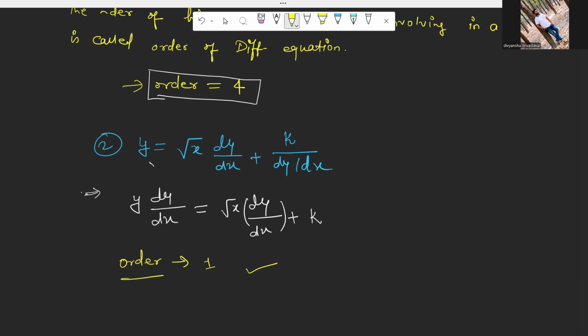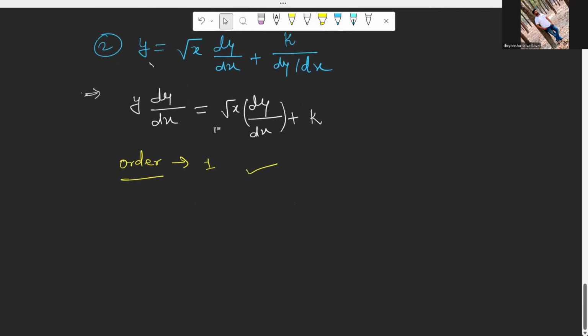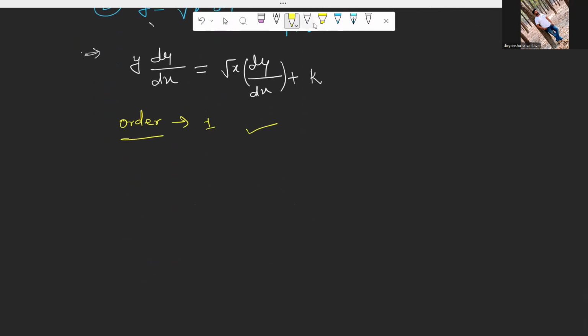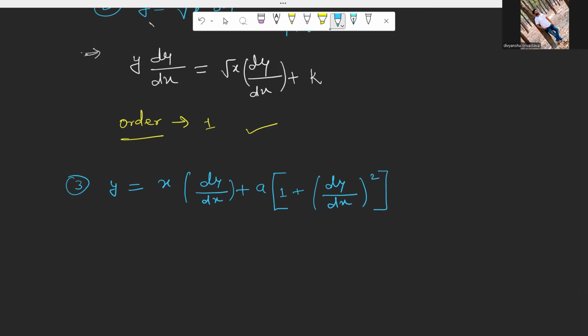Now, the next question for finding order. Here is the next question: y is equal to x dy upon dx plus a in bracket, 1 plus dy by dx to the square, and then all to the power 1 by 2.